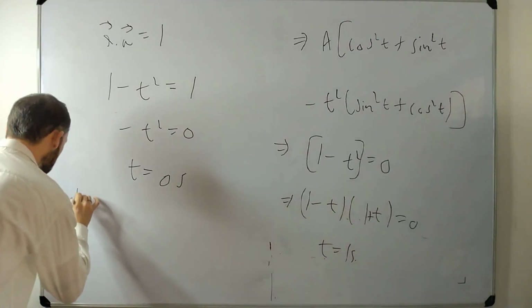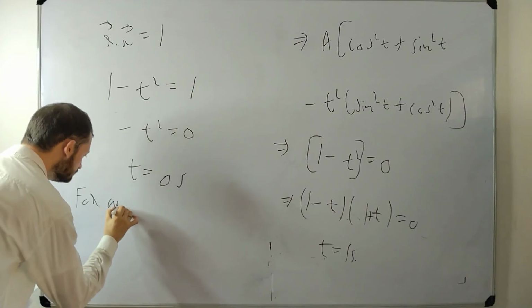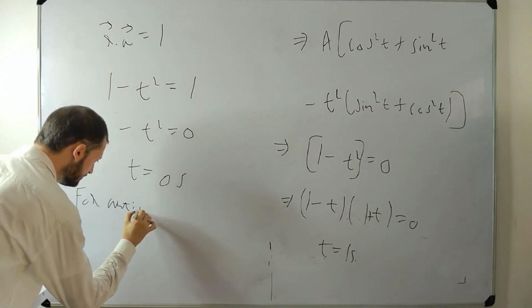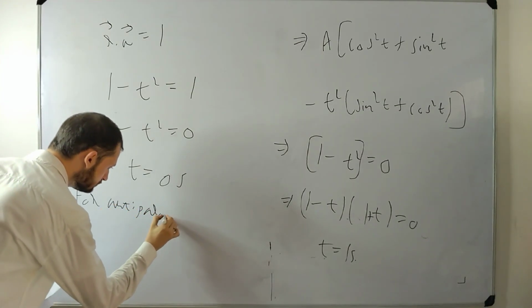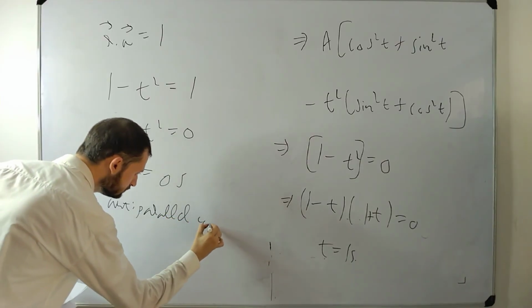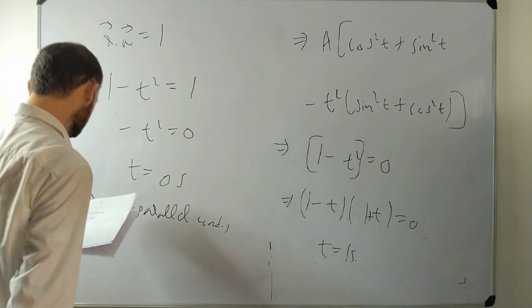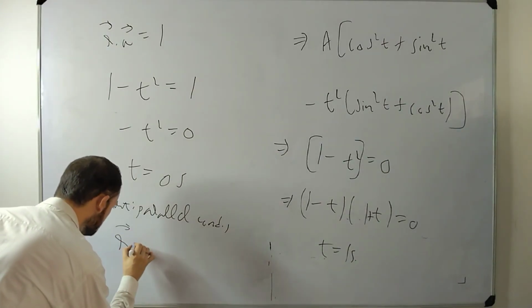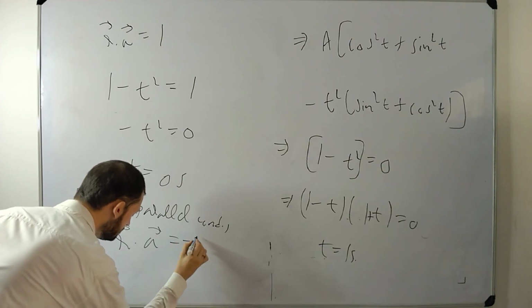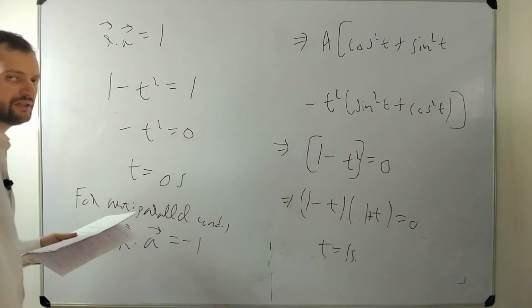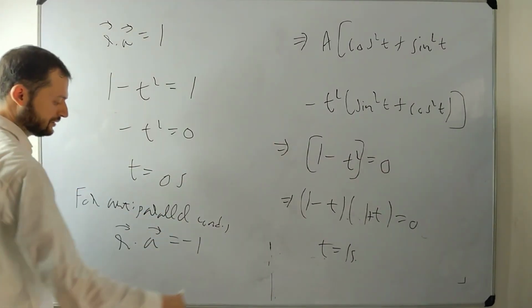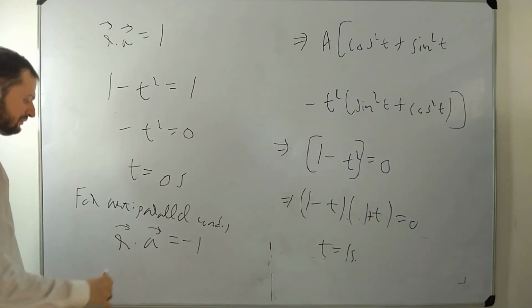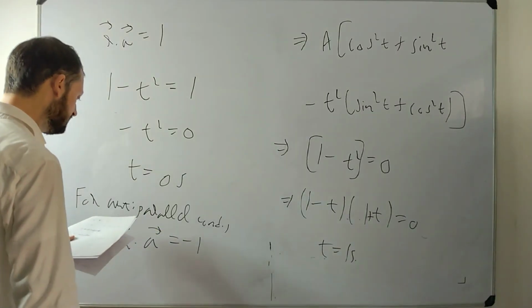For the anti-parallel condition, what should I write? Tell you, students. So r dot a is equal to minus 1, anti-parallel, no? Cos 180 is minus 1. Yes, sir, it is very easy.